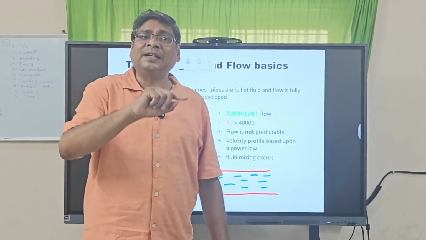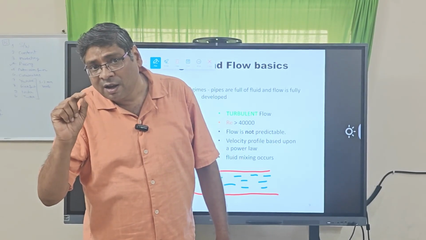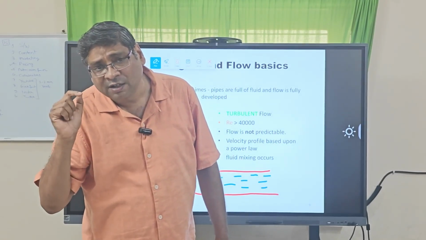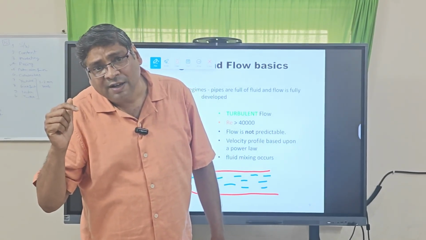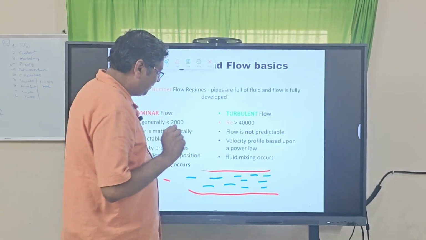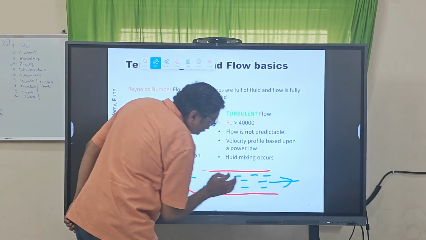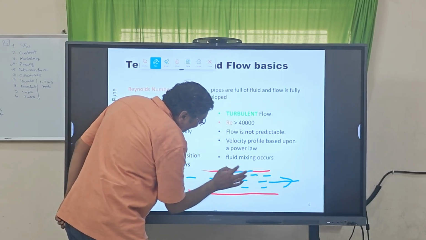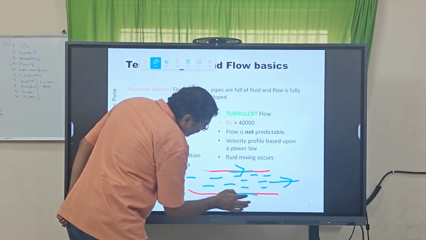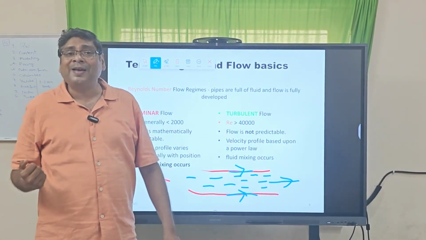Then the same magic number will play, because that magic number is the ratio of inertial force to drag force. Now you see here, the layer at the middle, and the layer at the surface of the pipe. Where will velocity be high?